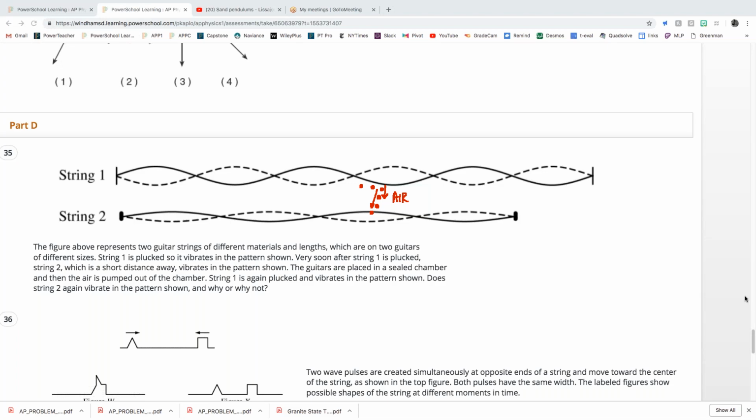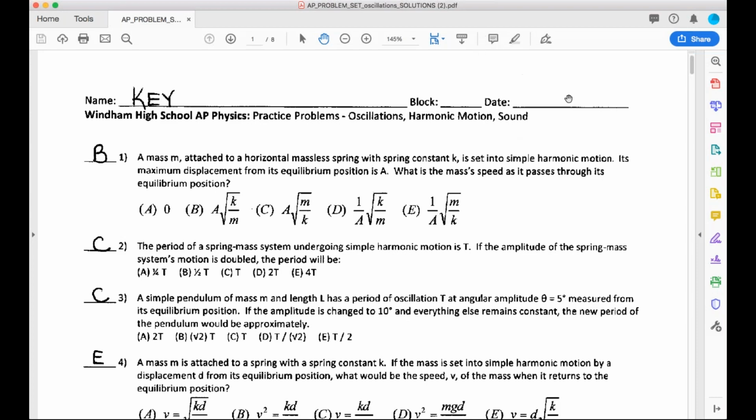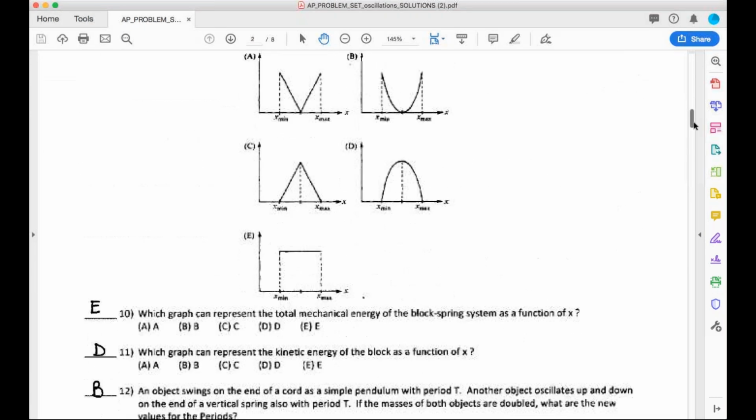Alyssa is asking question number 22 on the review packet, so I'm going to switch my screen to that. We do this and go back to the review packet and bring up question number 22.